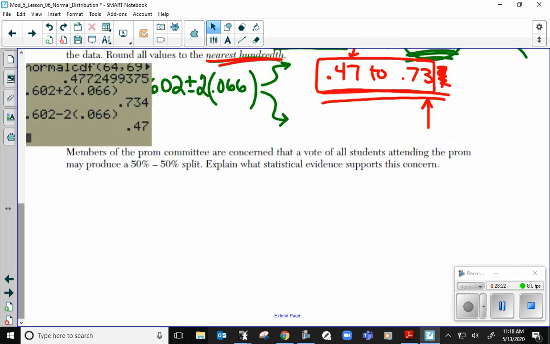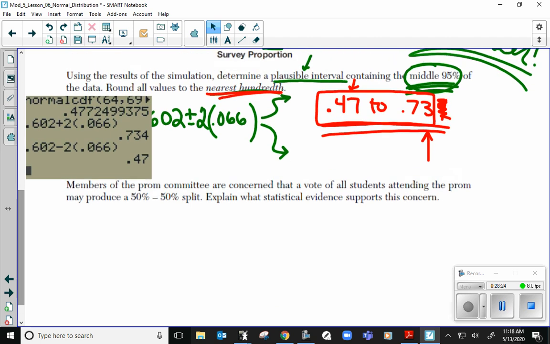Now, let's take a look at the second part. It says members of the prom committee are concerned that a vote of all students attending prom may produce a 50-50 split. Explain what statistical evidence supports this concern. You do not have to go back to the chart or the problem. Just look at what you just did. 50% in decimal is 0.50, right?